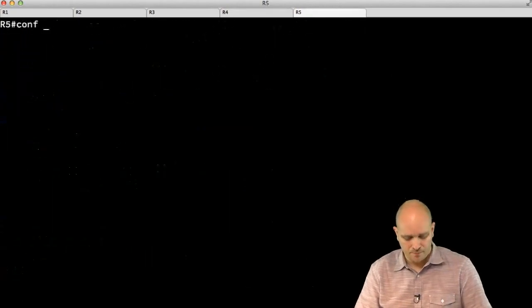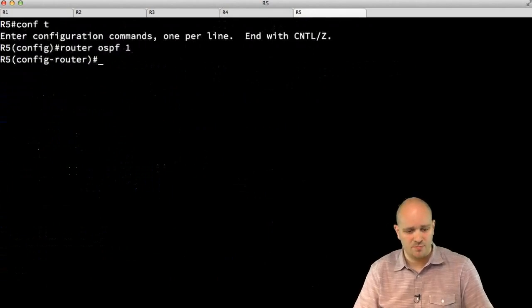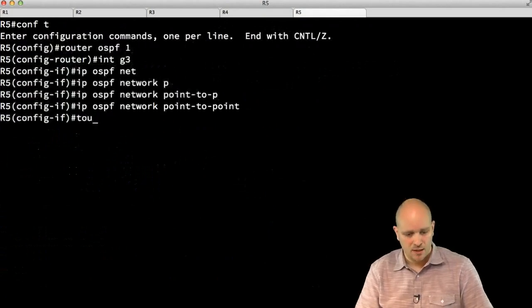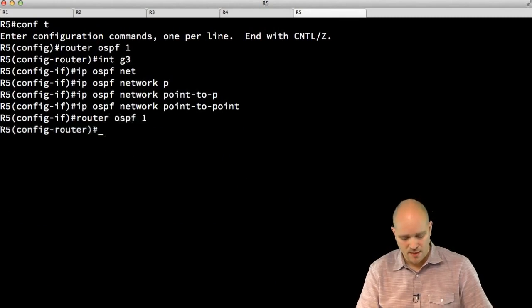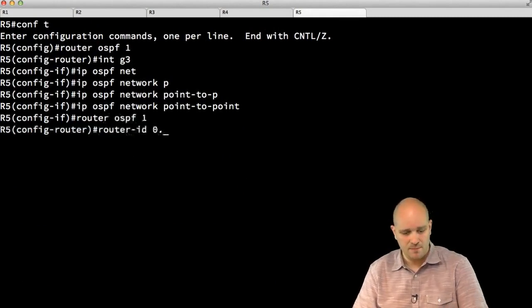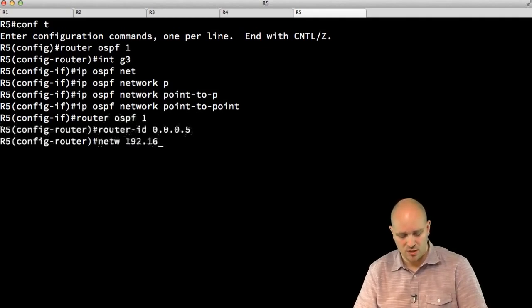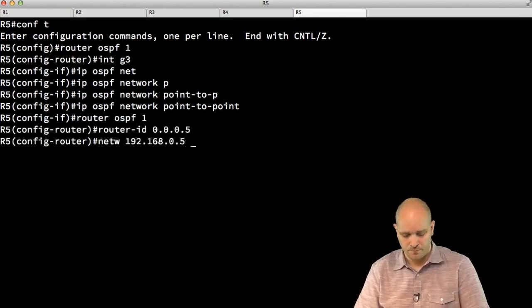On R5, I'm going to say router OSPF, and actually let me start with gigabit 3. I'm going to say ip ospf network point-to-point, and then router OSPF 1. I'm going to say router-id 5, and network 192.168.0.5.